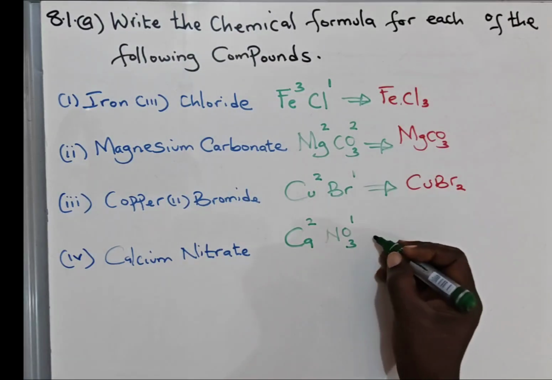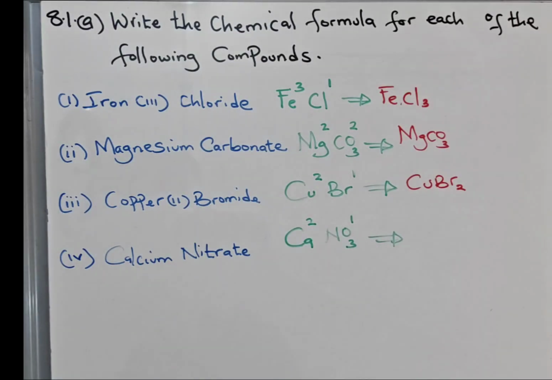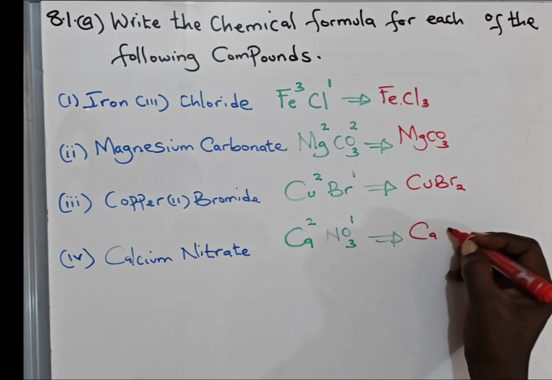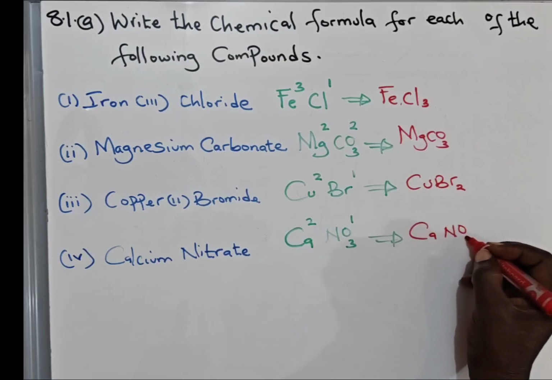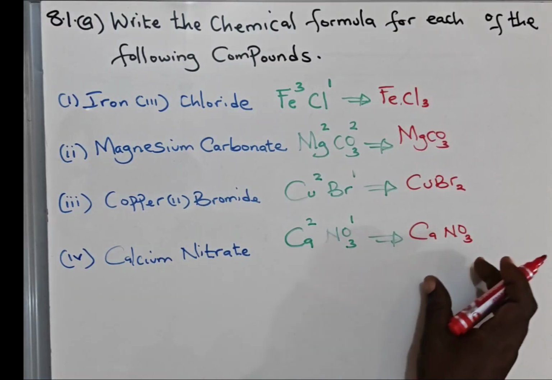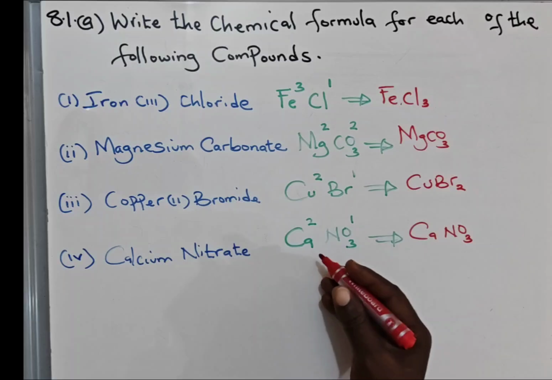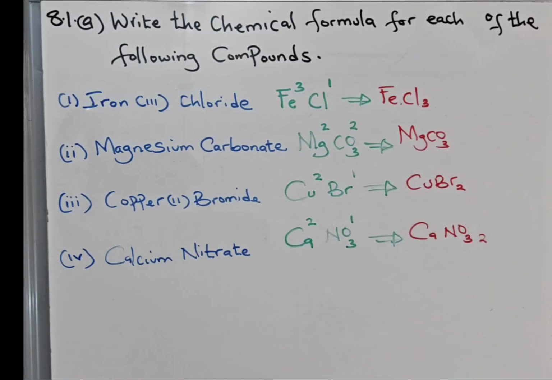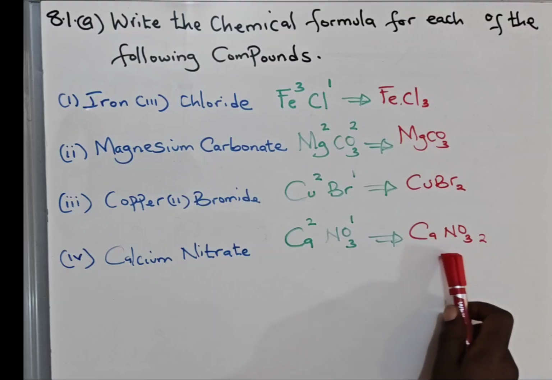So our chemical formula is calcium, then nitrate, but remember nitrate has 2. How do you show that the 2 is for both?